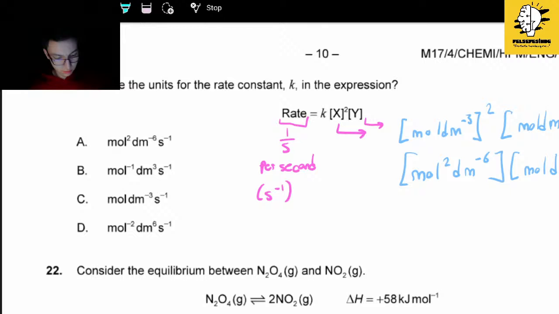Actually, we solved this question now. It is much easier for us. At this point, we just cancel them out to get only per second, so we will go for the answer of D, right?